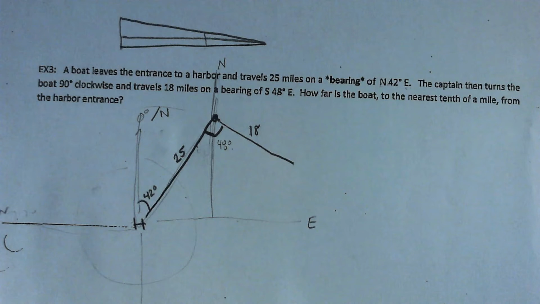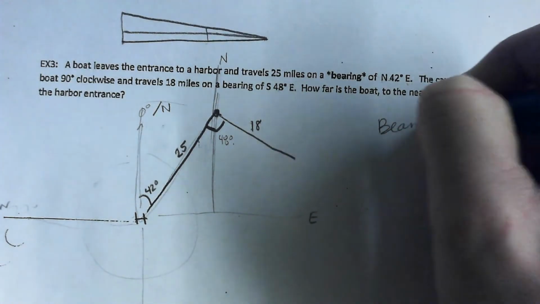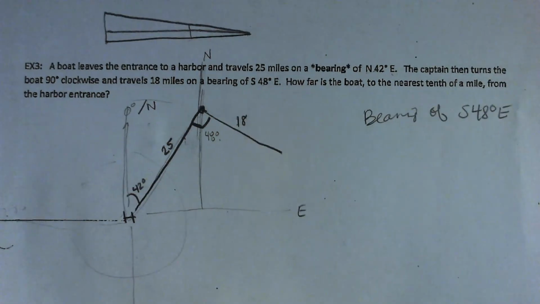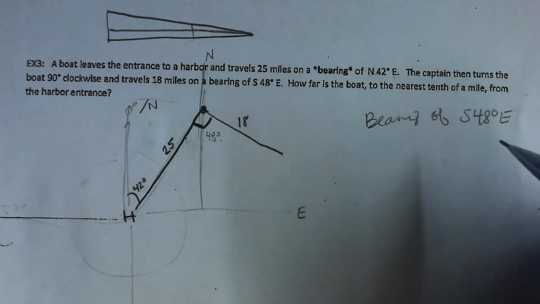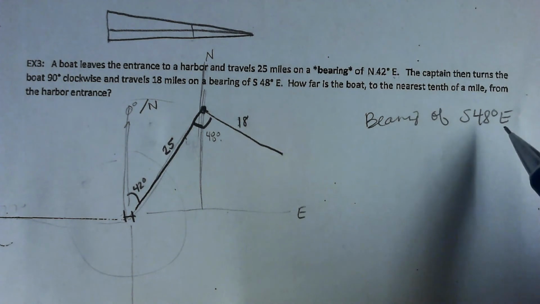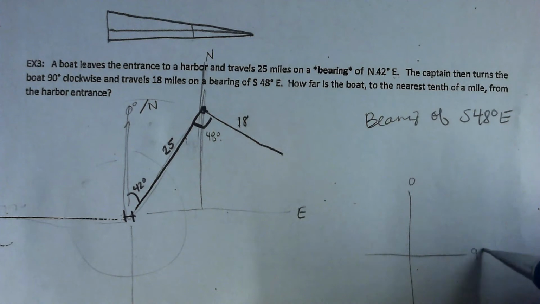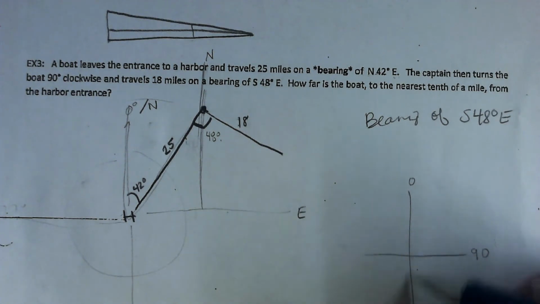Can you ask them if they would say flying at a bearing of south 48? You're going to have to write this down, or you can go back to the video. Maybe they don't practically say any of this, but at some point he would know what this means. South 48 degrees east, or do you say 0, 90, and that's 48 and that's 42?